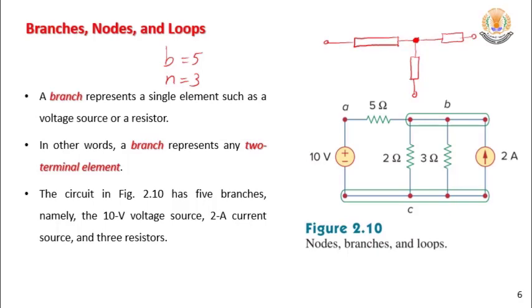You agree so far? Loops. What's meant by loop? It should be a closed path. How many loops do we have here? 3. So loops also will be 3.